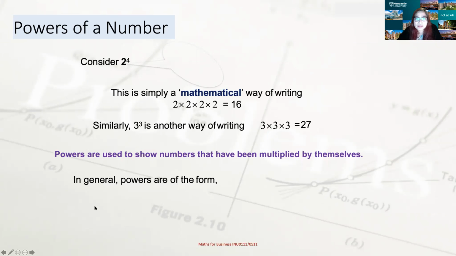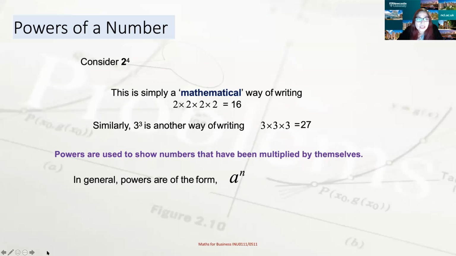For example, if we say a to the power of n, we are trying to get a general form. In mathematics, we want to generalize everything. So in general, powers are of the form a to the power of n, where a is called the base and n is called the power.